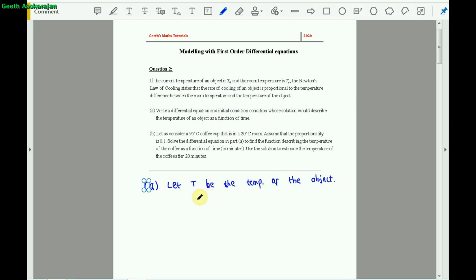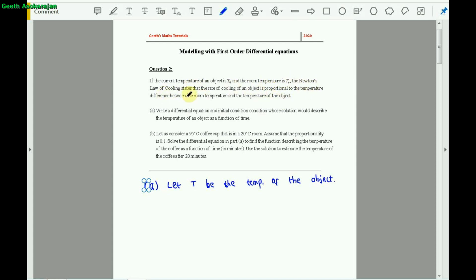So capital T is the temperature of the object at a time small t, whereas T0 is the current temperature, okay, and TR is the room temperature. So note the distinction between the terms capital T, which is the temperature of the object at a time small t, whereas T0 is the current temperature of the object and TR is the room temperature.